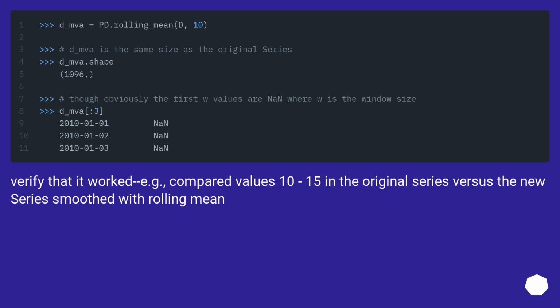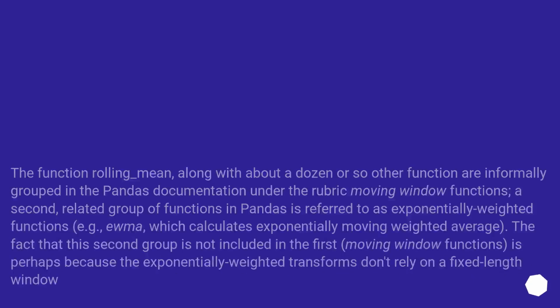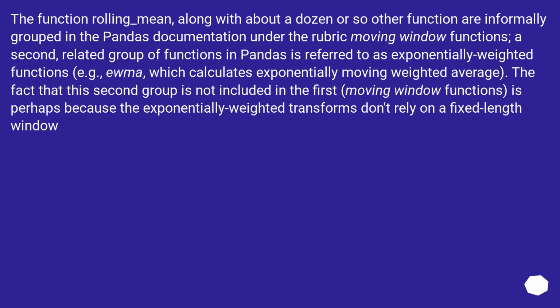Verify that it worked. For example, compare values 10 to 15 in the original series versus the new series smoothed with rolling mean. The function rolling_mean, along with about a dozen or so other functions, are informally grouped in the pandas documentation under the rubric moving window functions.